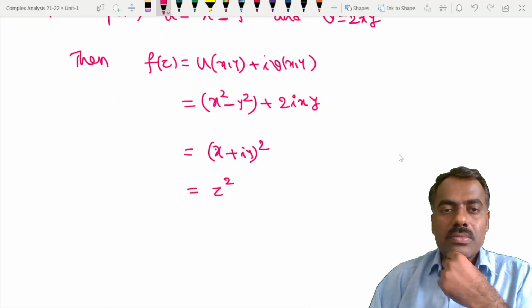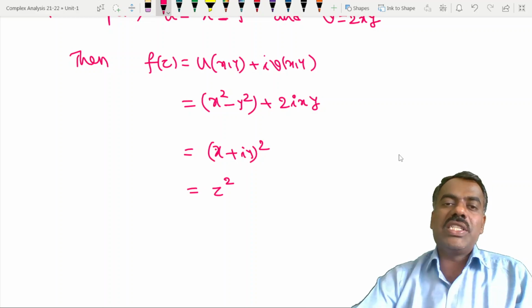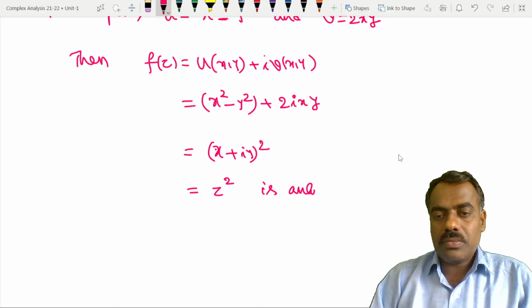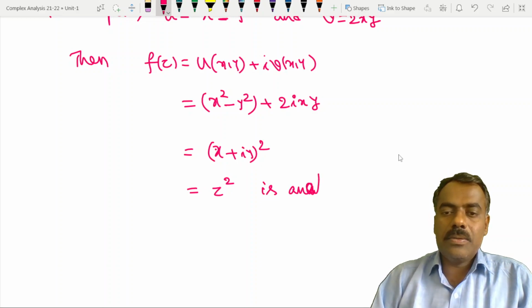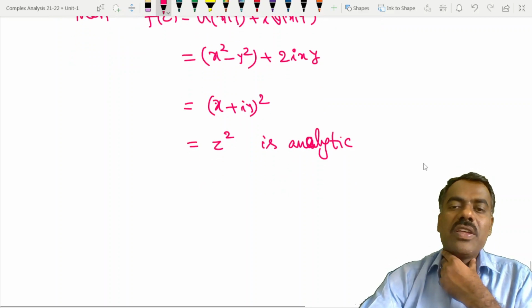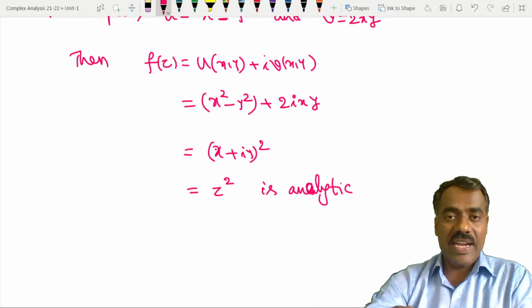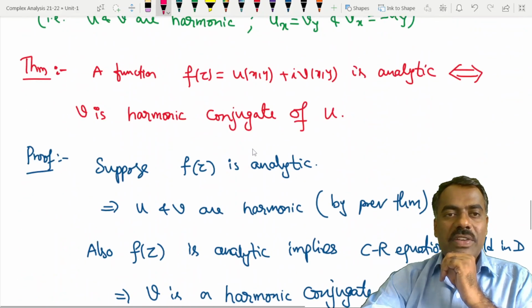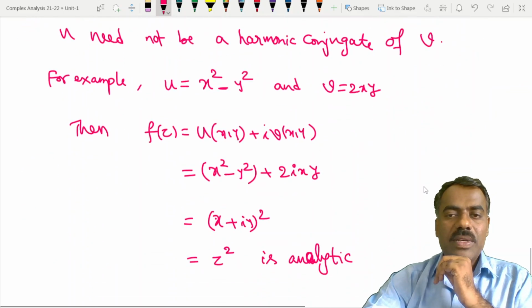So we know that f(z) = z² is analytic, right? It is a polynomial, so therefore it is analytic everywhere. It is actually an entire function. So because this is analytic, by the previous result, what can we say? V is a harmonic conjugate of U. Yes or no?